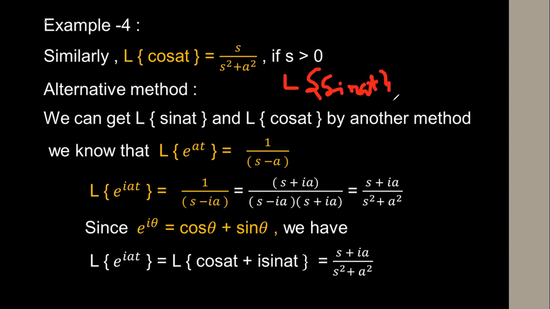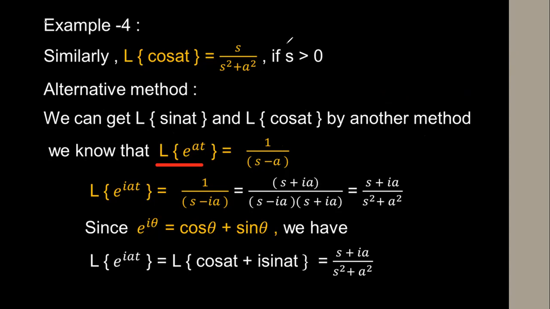Okay, right. So now we can find the Laplace transform of sin at and cos at by using an alternative method, in a single function or single term. So we can get the Laplace of sin at and cos at by another method. We know the Laplace transform of e power at. What is the Laplace transform of e power at? 1 by s minus a.